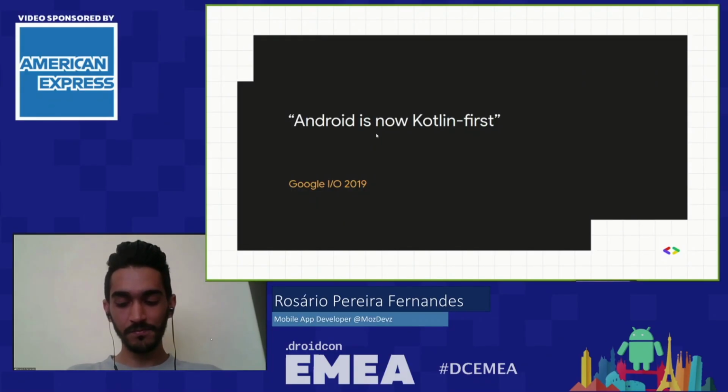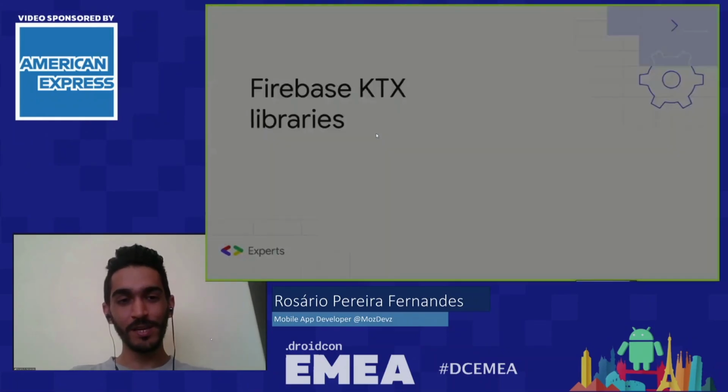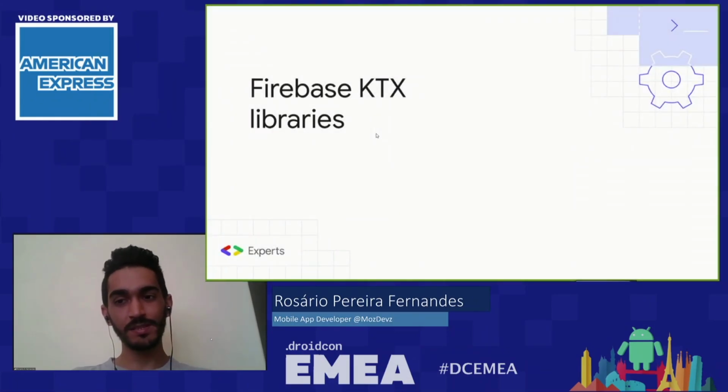Since Kotlin provides interoperability with Java, this shouldn't be a problem for us. It's fine to use Java SDKs in Kotlin code, but the problem is that they may not always look like Kotlin when you use them. So that's why we came up with the Firebase KTX libraries.